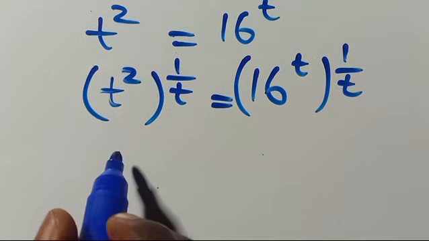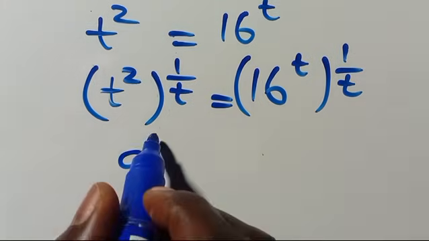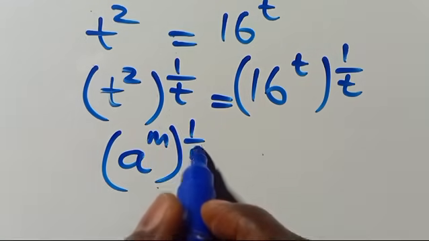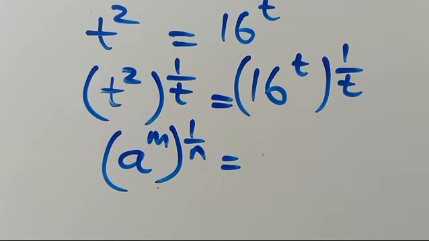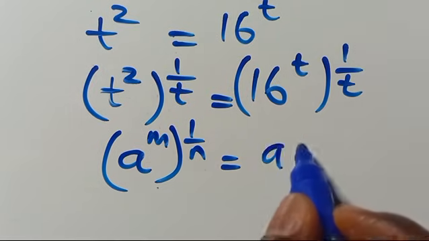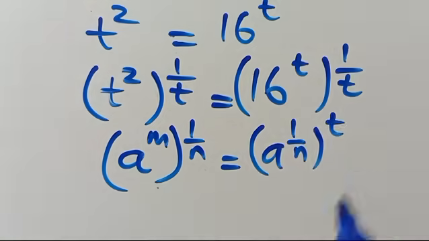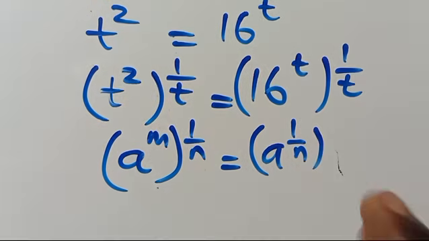To recall, when we have a to the power of m to the power of 1 over n, this can be interchanged as a to the power of 1 over n, in parentheses, to the power of m.